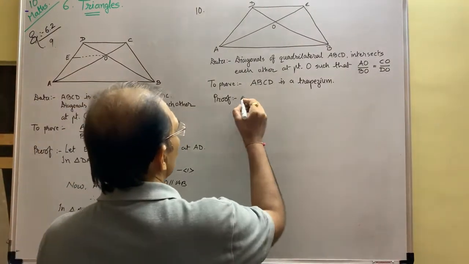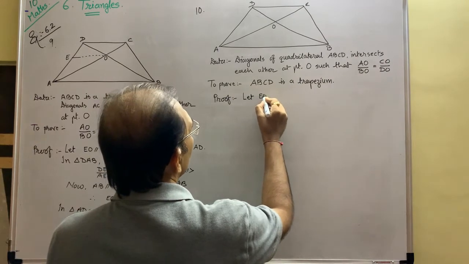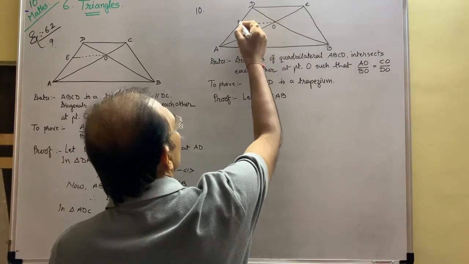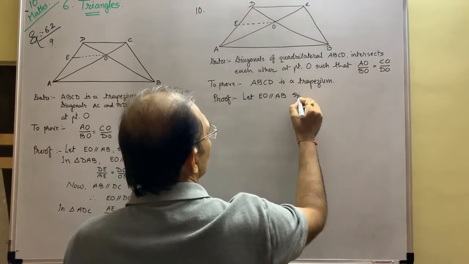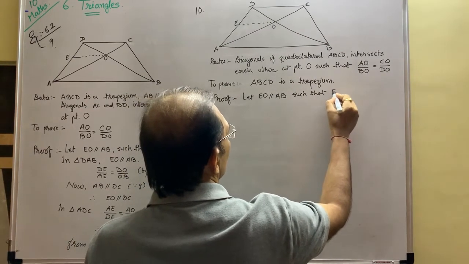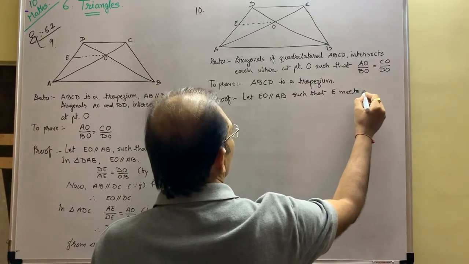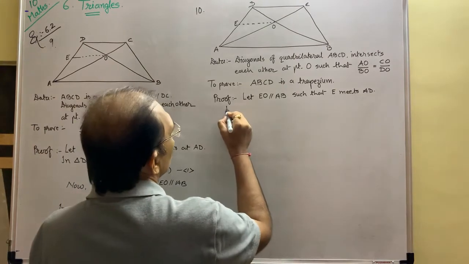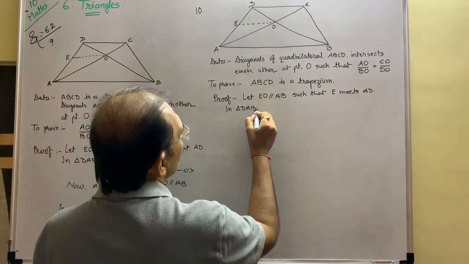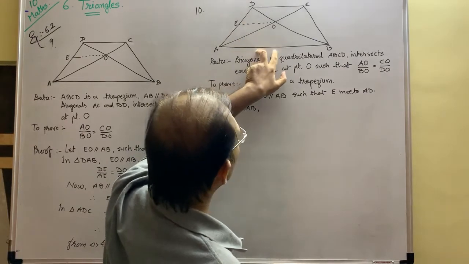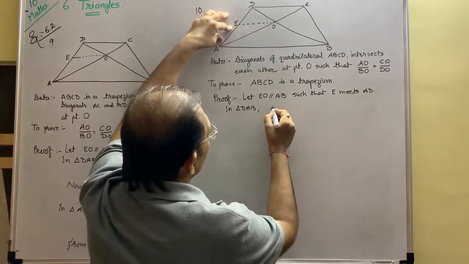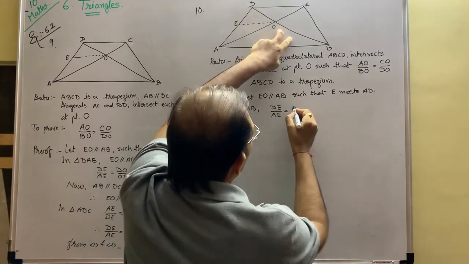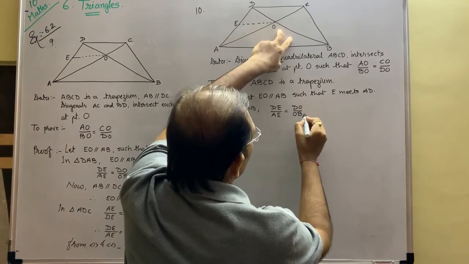See here, once again we suppose let EO be parallel to AB, such that E meets AD. If EO is parallel to AB, then in triangle DAB, EO is parallel to AB, I can write DE upon AE equals DO upon OB, by theorem.